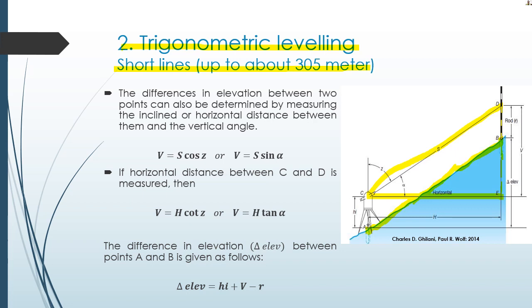You can use a steel tape to measure the height of the instrument from point A to the telescope level, HI. And you also know the height of the rod from point B to the slope line over here, from B to D.